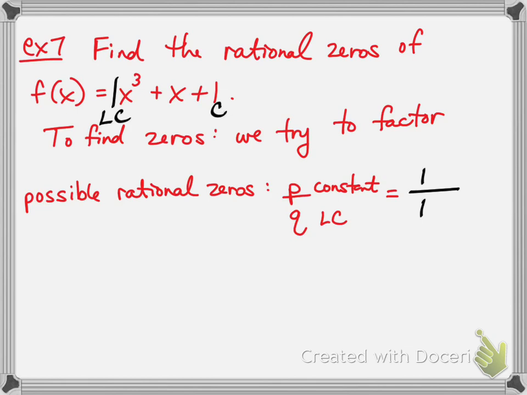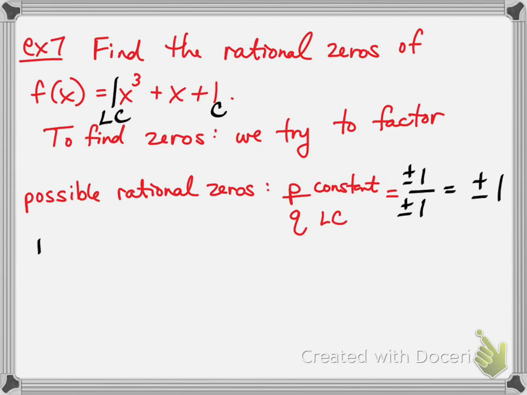These can be positive or negative. So it could be plus or minus 1 for P and plus or minus 1 for Q, which 1 divided by 1, either way you go about it, you're going to get plus or minus 1. Those are the only possible rational zeros for this. It's either positive or negative 1 if it exists. So we can do synthetic division with this to see if they're zeros.